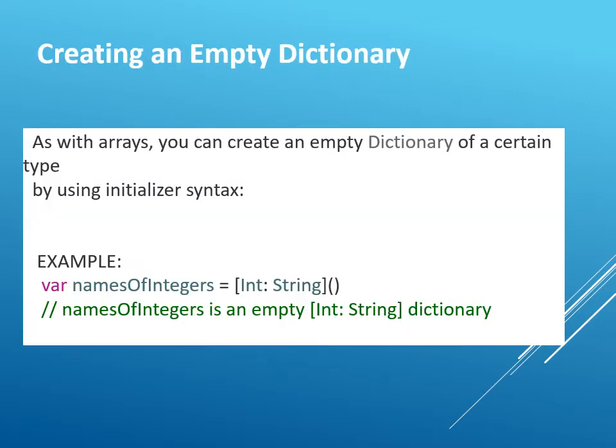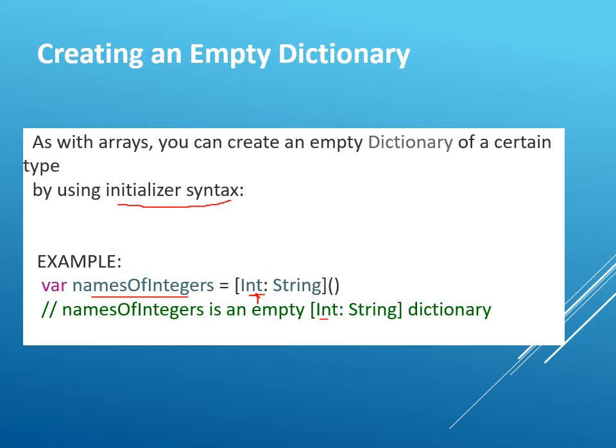So how can we create an empty dictionary? As with arrays, you can create an empty dictionary of a certain type by using initializer syntax. You have to initialize your dictionary. Simply write the name, and you can write Int to String. Names of Int String is an empty dictionary.